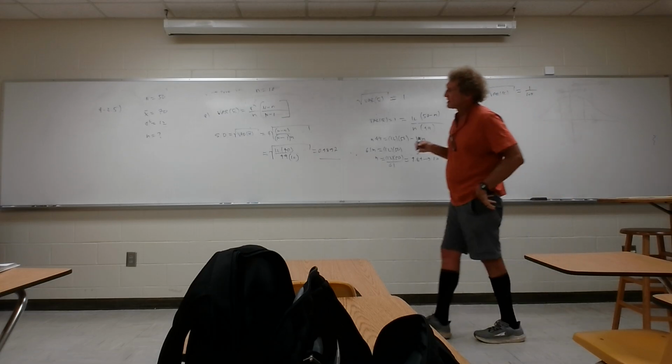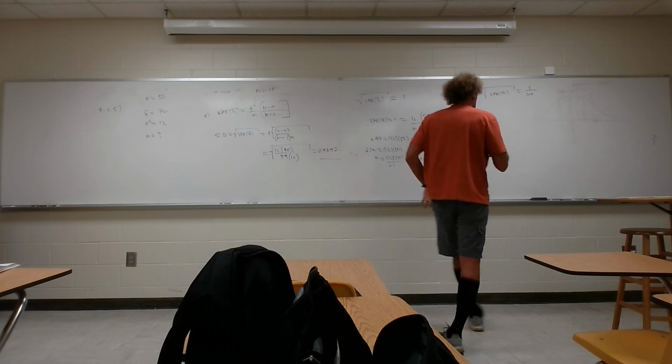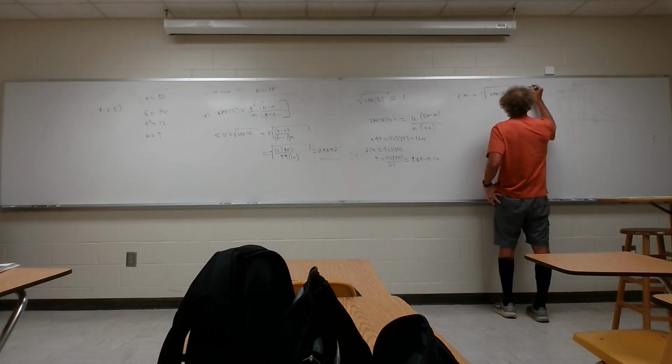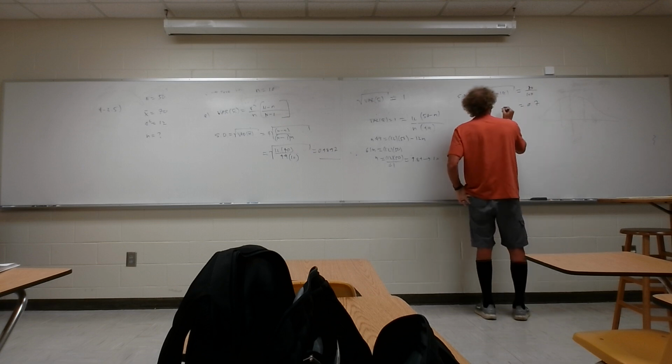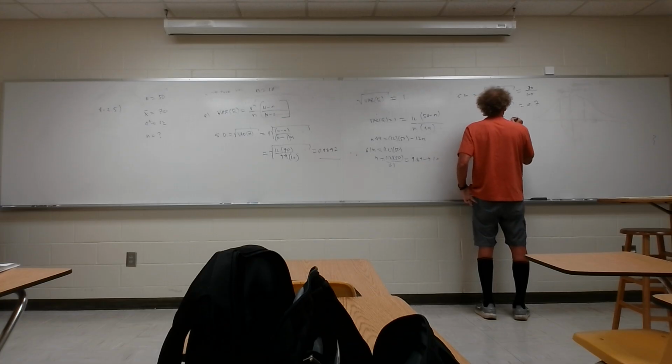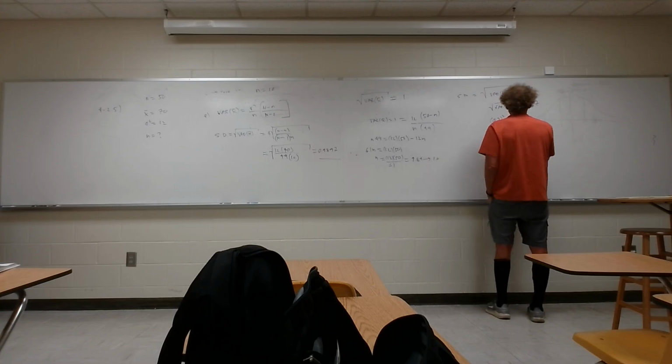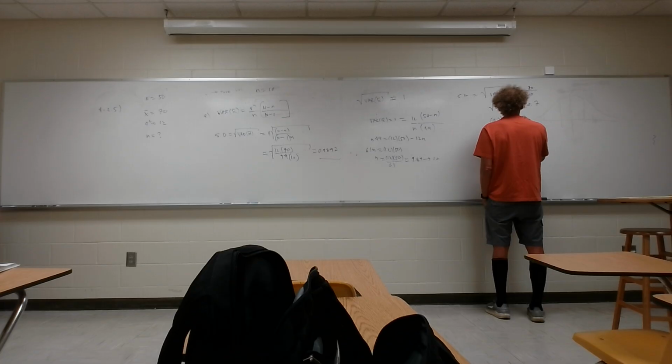And the true mean was 70, right? So times 70, or 0.7 is the square root of the variance of x. And that means 0.7 squared, 0.49, is equal to the variance. And this is going to be equal to sigma squared over n times capital N minus n over N minus 1.